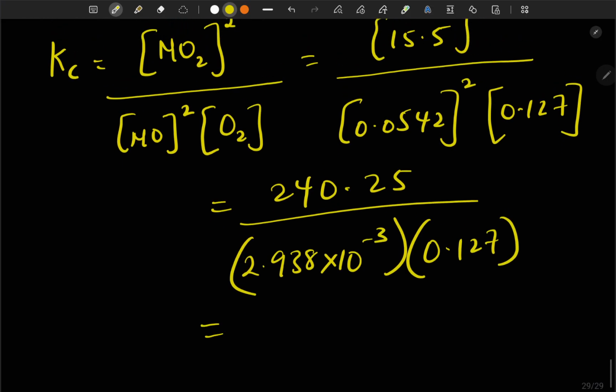So if we do this calculation, we're going to arrive at 6.44 times 10 raised to the power 5. That is going to be the answer if you press your calculator well.